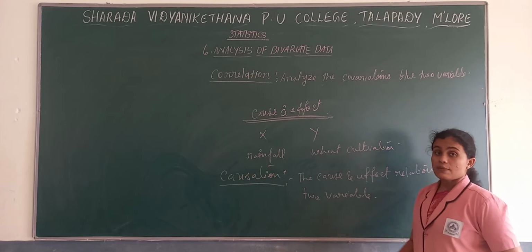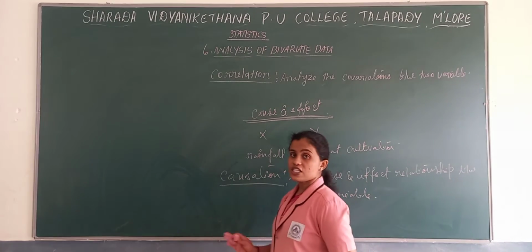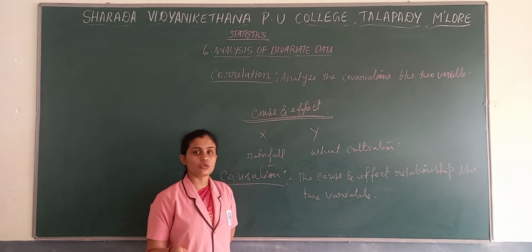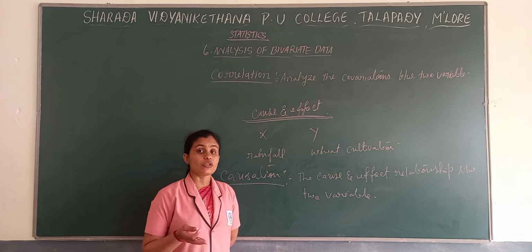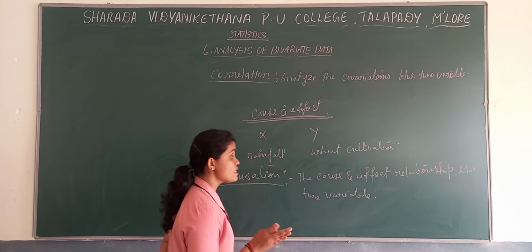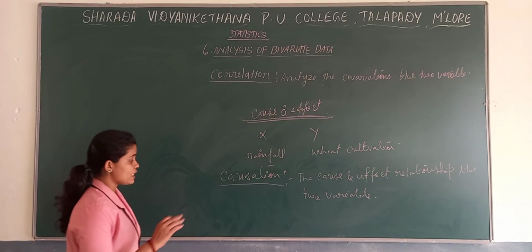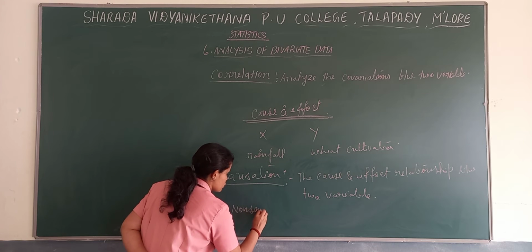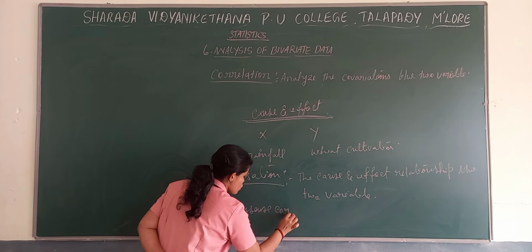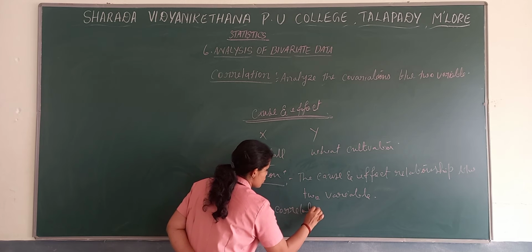Sometimes, in the absence of causation between the two variables, means if we do not find any kind of cause and effect relationship between two variables, we call it nonsense correlation. This is also possible.